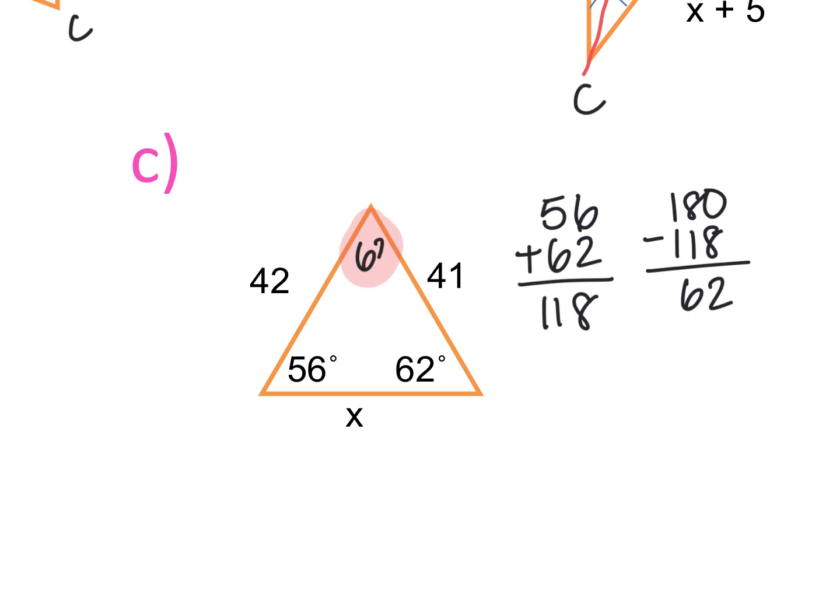And now because I know this is 62, I'm able to tell that this angle is congruent to this angle. So which two sides are congruent? B and C? Okay, A and B is congruent to what?